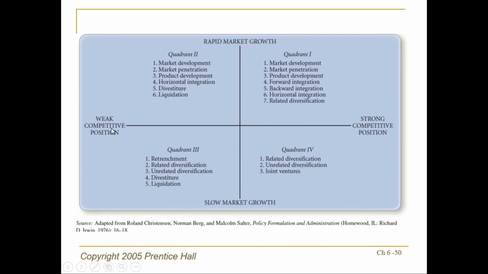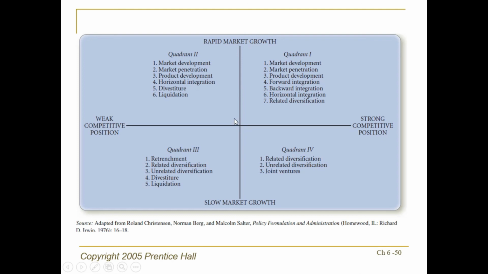Similarly, the rapid market growth can obviously be located by facts and figures, by the information coming from the market. If the market is growing rapidly, speedily, you can consider the upper side of this diagram.